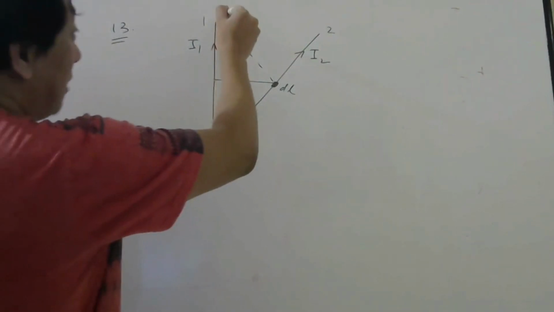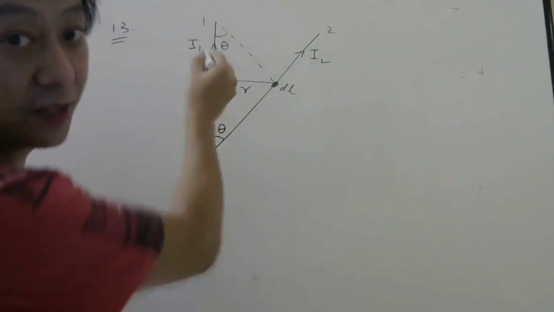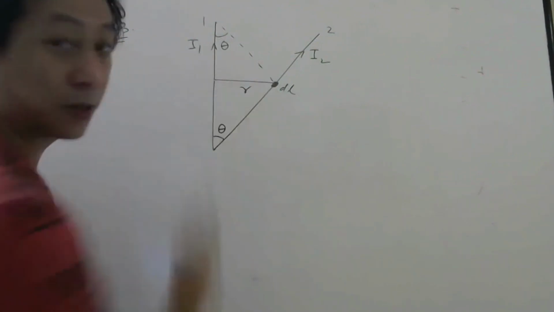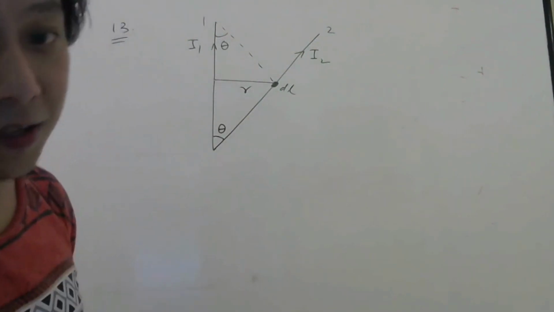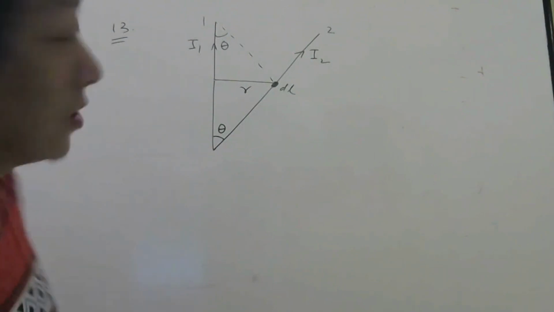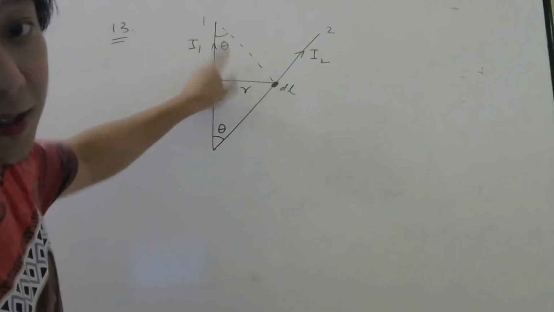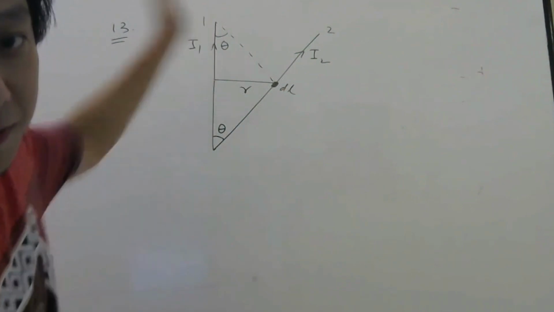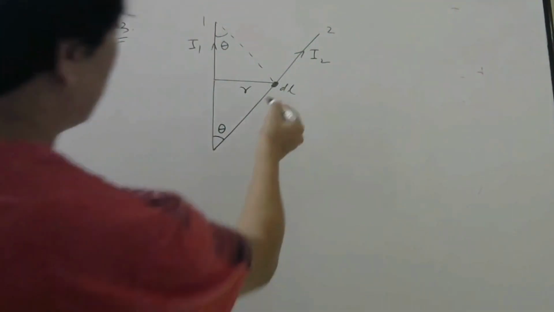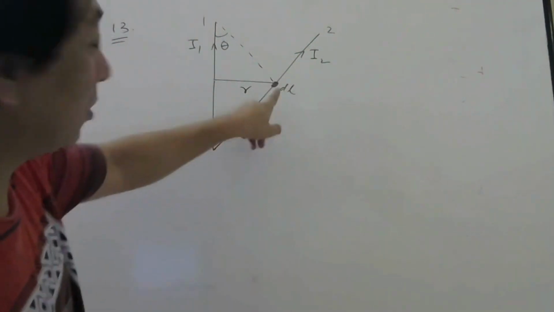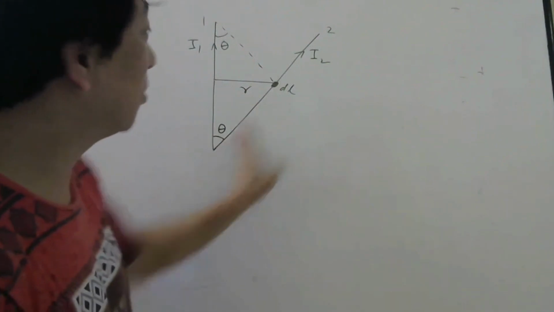So the line from the top end of the wire to the small element on which we have to find the force also makes angle theta with the first wire, I1. So how to find the force on this? Simple. They are not asking you to find the force on the whole wire.